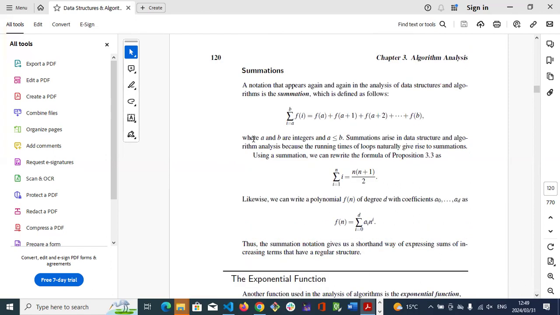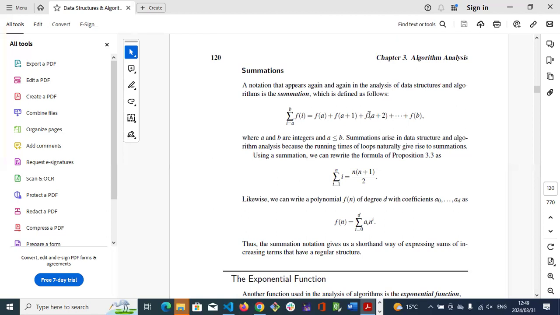In mathematics, there's something called summation, with the capital Greek letter sigma, a notation that appears again and again in the analysis of data structures and algorithms.